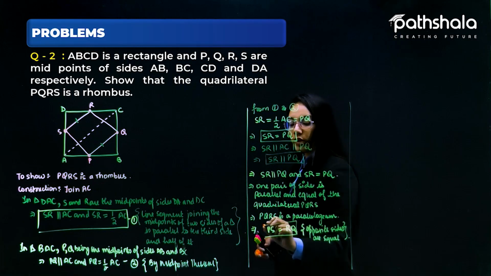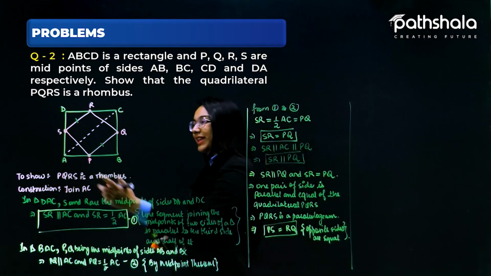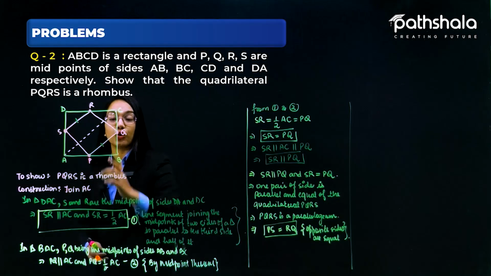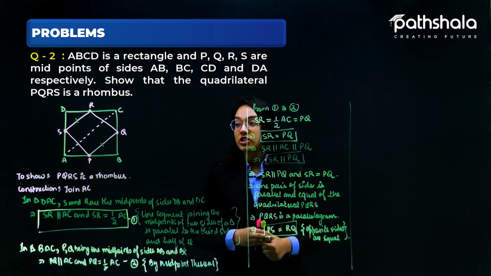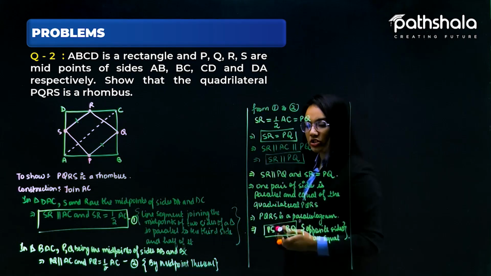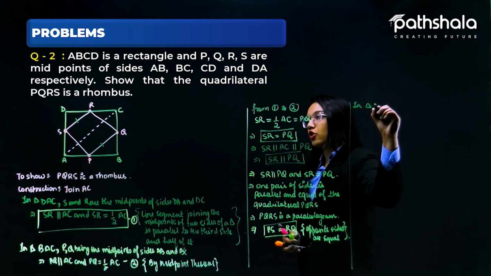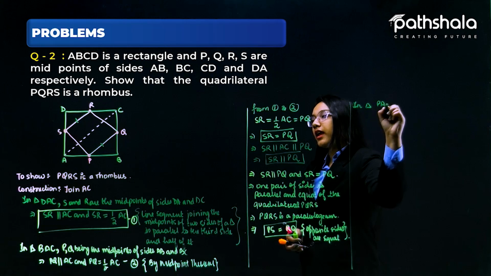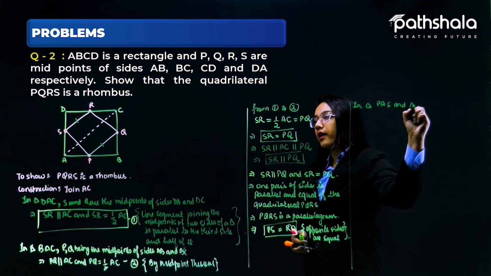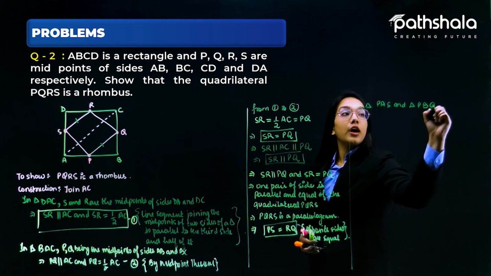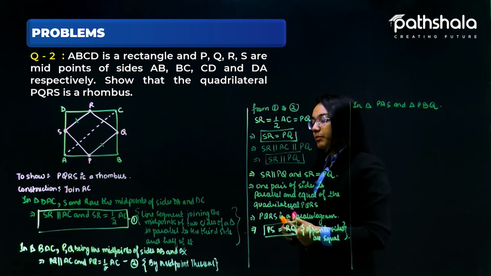Now we only have to prove that PS is equal to PQ. For this I'm taking two triangles: triangle PAS and triangle PBQ. What can we say about these two triangles?